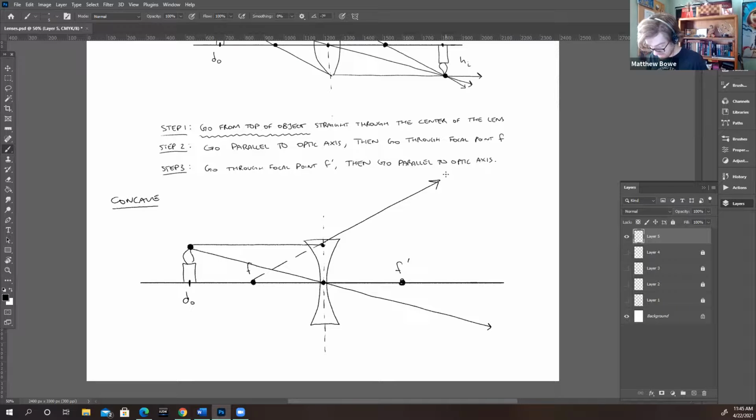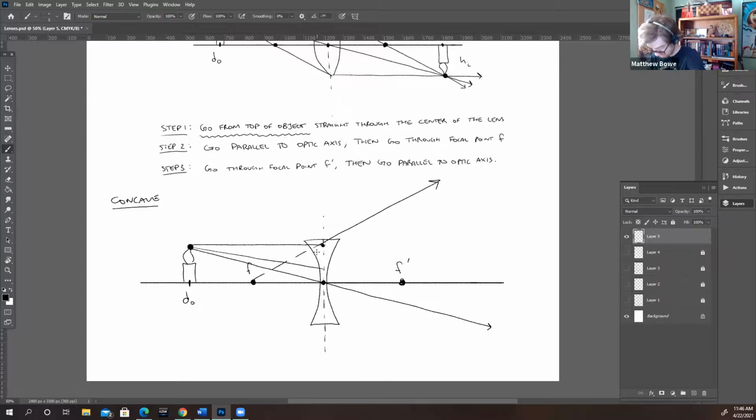Okay, and step 3, go through focal point F prime, then go parallel to the optic axis. So let's line up the top of the object and F prime. So I'm going to go like that till I hit the lens. But now I have to go parallel to the optic axis because I'm going through the lens.